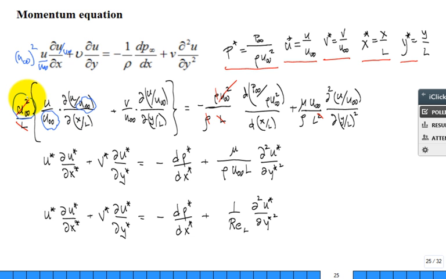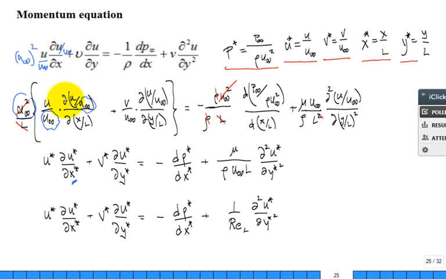Okay. Likewise, if I have an L over L here, I have one L there, and then inside I'm going to put x over L. So the derivative with respect to x over L. There's a couple ways to do this. Now I see, oh, I now have x star. So it's differentiating with respect to x asterisk or x star.